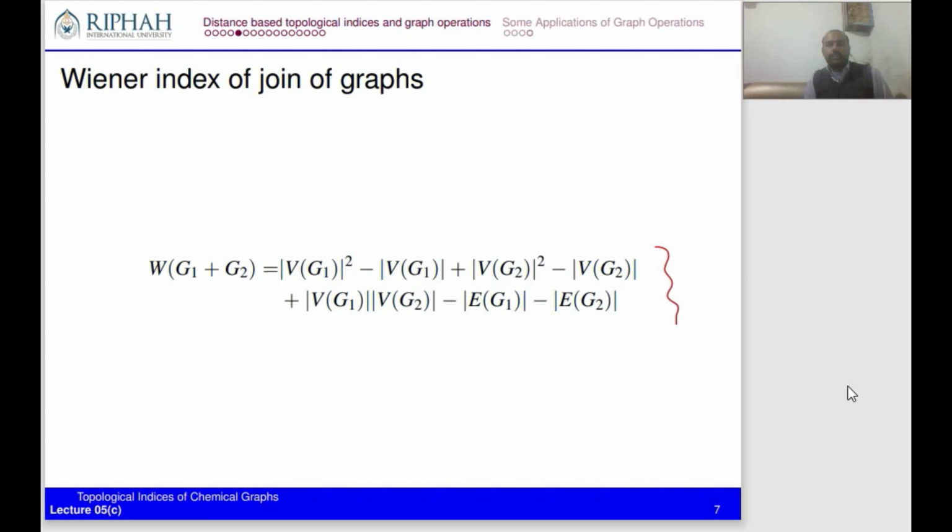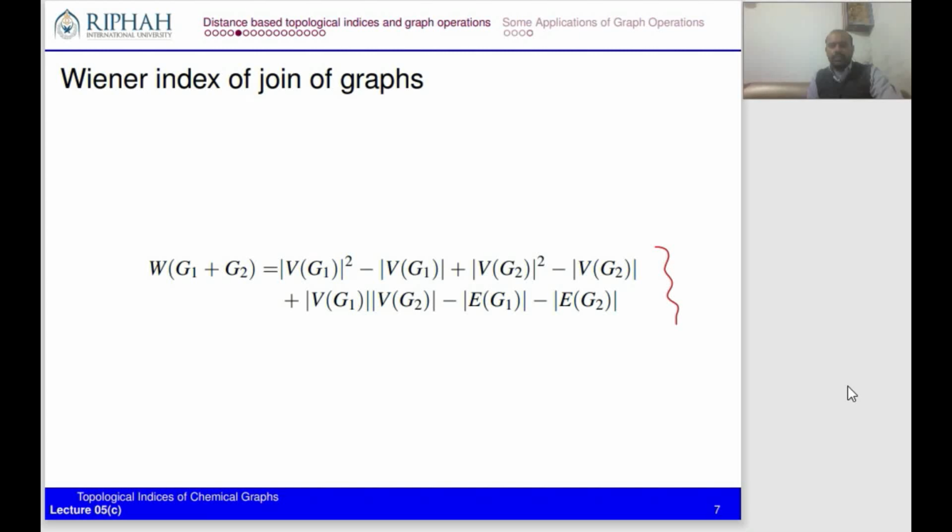This is a very simple formula to investigate the Wiener index of the join of two graphs, and these graphs G1 and G2 could be any graphs like path, cycle, star, bicyclic, as we said, any two graphs.